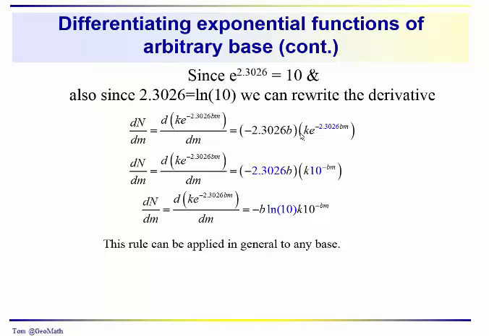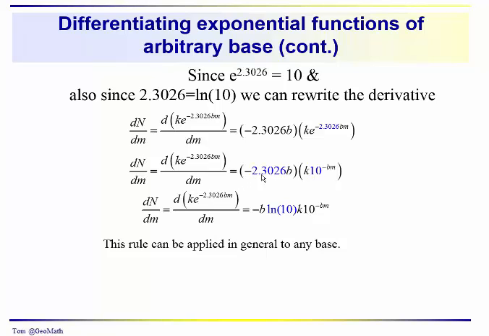So we've written it out here. We just repeated what we showed on the previous slide. And this term up here in the exponent, e to the 2.3026, is going to be 10, so we can just change that back to 10 again.